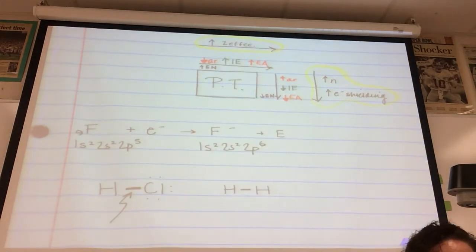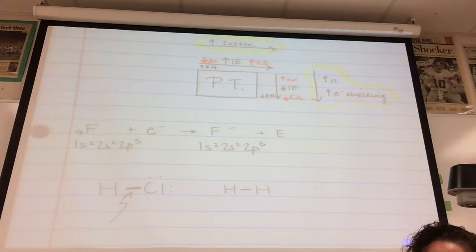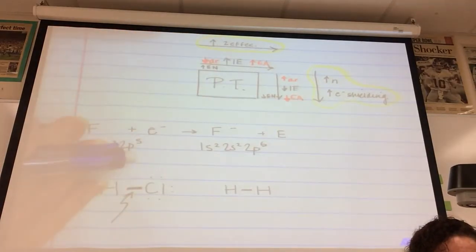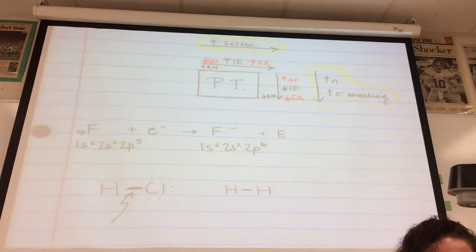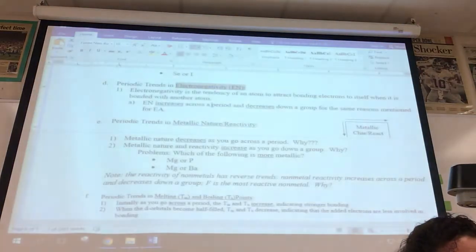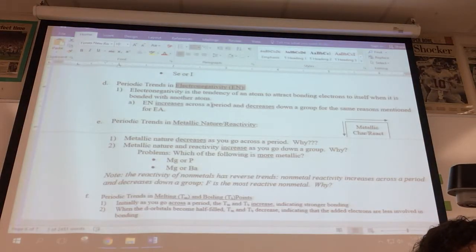So that shows the same trend that you saw previously. And then the last trend that I want to mention is the metallic nature or the reactivity. We're going to look at both metals reactivity and non-metals reactivity. So let's take a look there.